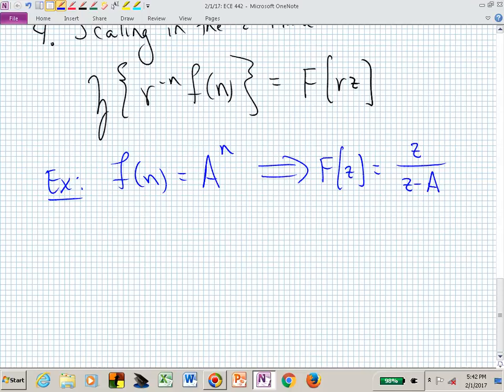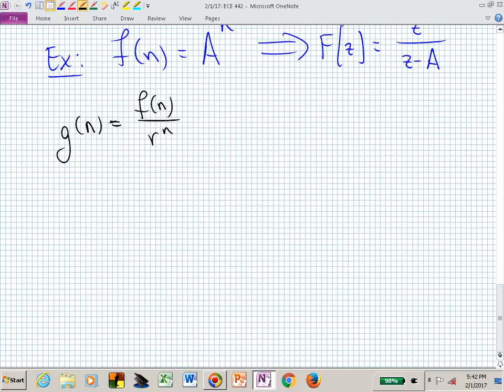Suppose now that you knew this relationship, and somebody says little g of n is related to little f of n by a modification with r to the minus n, and r is a fixed value. If you want, you could plug in some numbers.